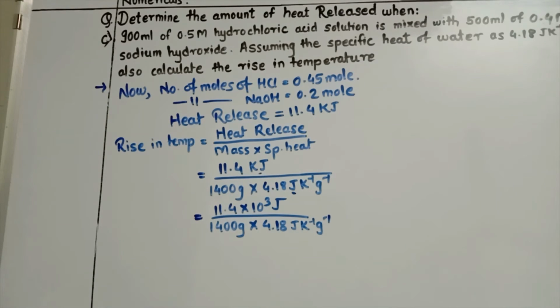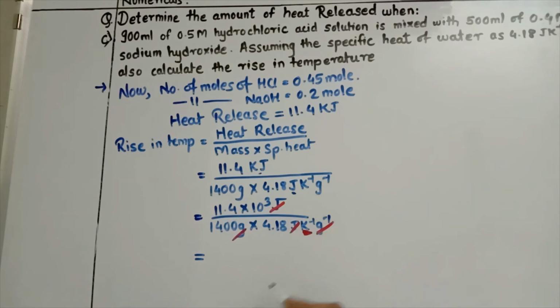Okay, so now we will cancel the same units, that means joule gets cancelled with this joule, per gram cancels with gram, so only remaining is a per Kelvin.